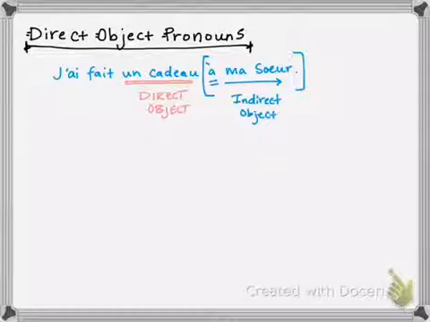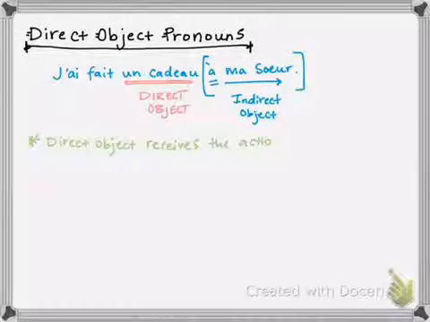Quick definition. This might be kind of a duh, but just to clarify, what is a direct object? Basically, it receives the action of a verb directly.